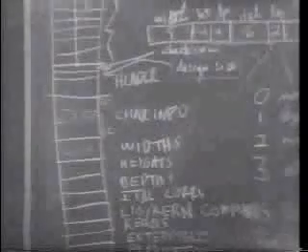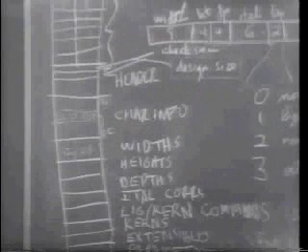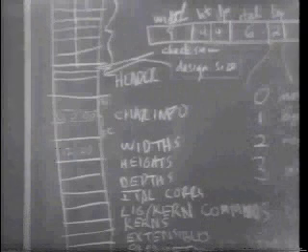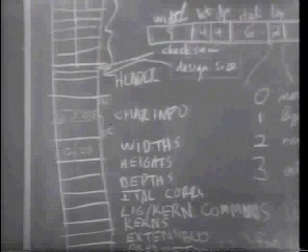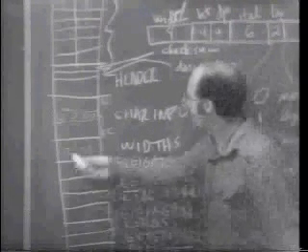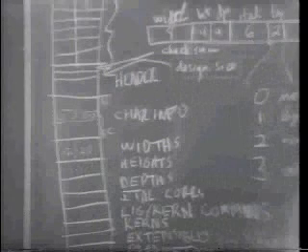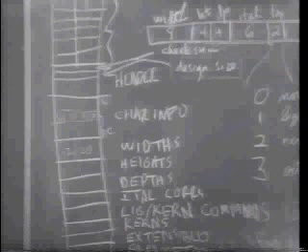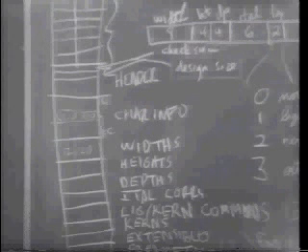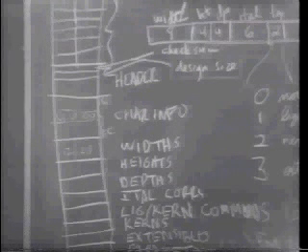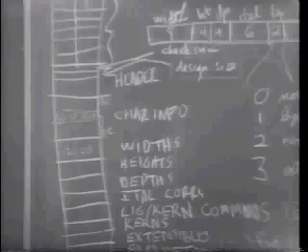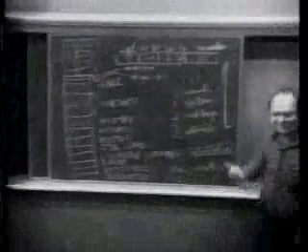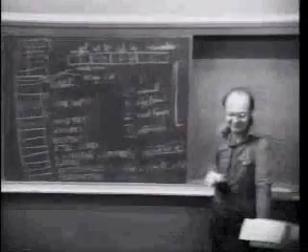TeX is only going to allow them to use 8 bits to the left of the decimal point, or is it 4? 4 bits, yeah. Only 4 of those should actually be used. So nobody's supposed to have a width more than 16 times the design size. So for example, if you really want to have something more than 16 m's, the design size, we might call an m typically 1 em, if somebody really wants to have a character that's more than 16 m's in some direction or other, he should say that his design size is larger. Okay.